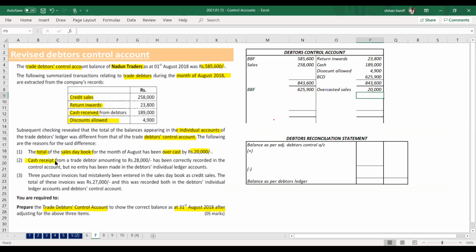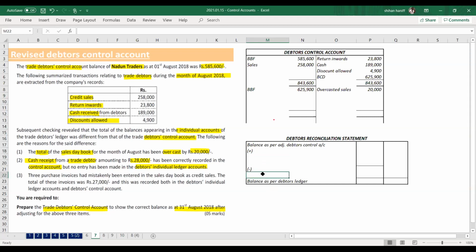Number two, cash received from a trade debtor amounting to 28,000 has been correctly recorded in the control account. The control account is correct, but no entry has been made in the debtors' individual ledger accounts. So this is not in the control account, this is in the reconciliation.